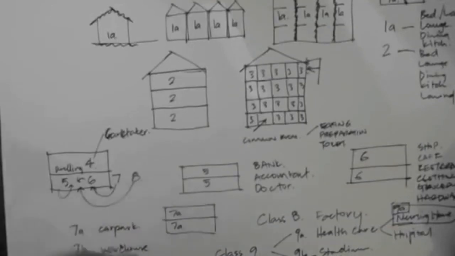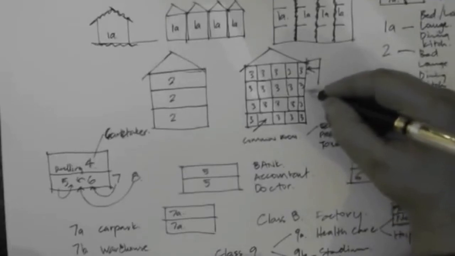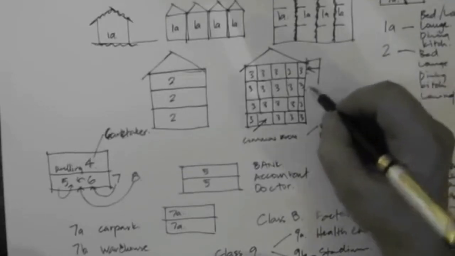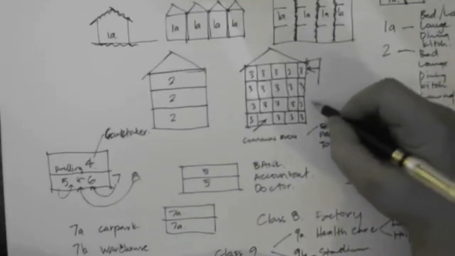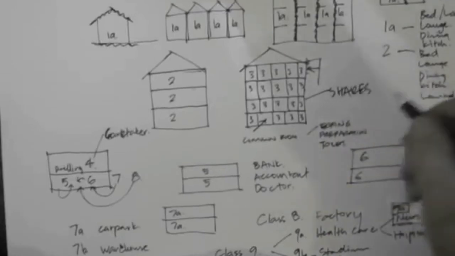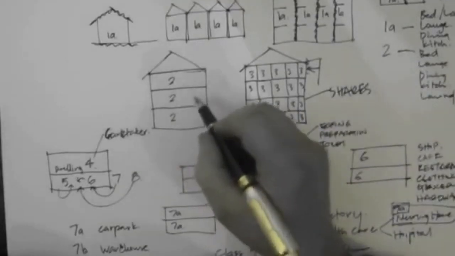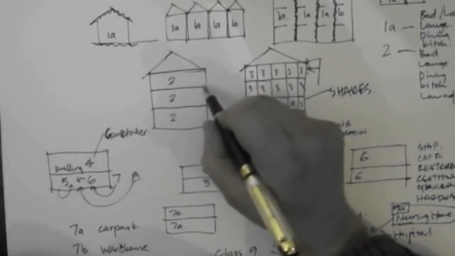Other important things to note: just a reminder that the class 3 classification, the difference between the 3 and the 2 is that the 3 shares the facilities, whereas the 2 has almost all their facilities within the apartment.